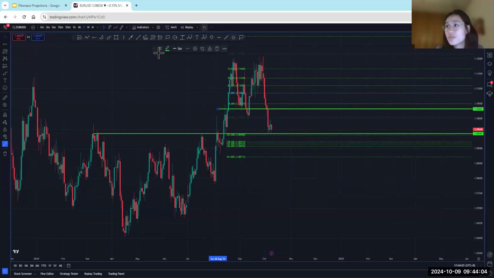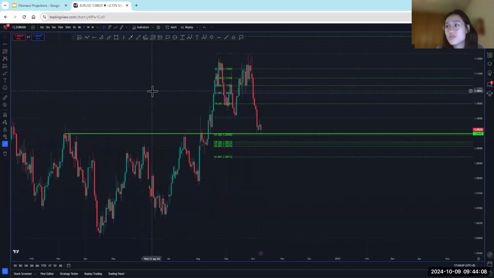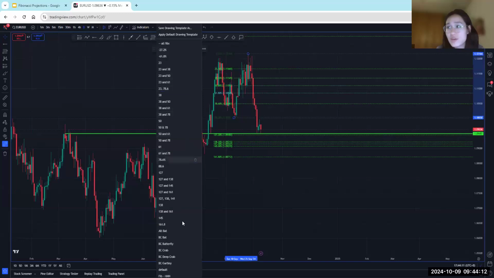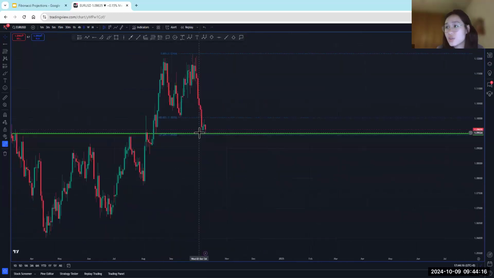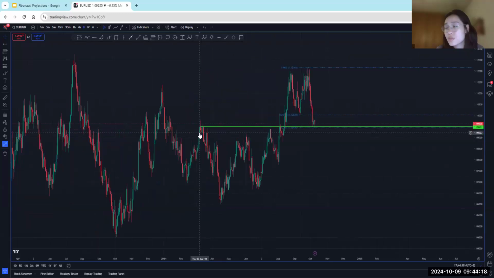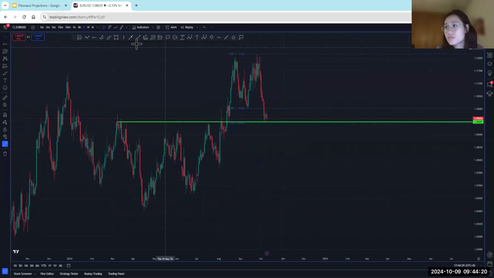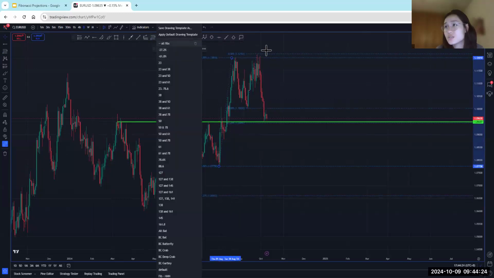Okay, we have a request for gold, so I'll just maybe go through the Fibonacci levels that we have here, since we are focusing on Fibonacci today, and then we'll look at gold. Okay, I have a retracement here.